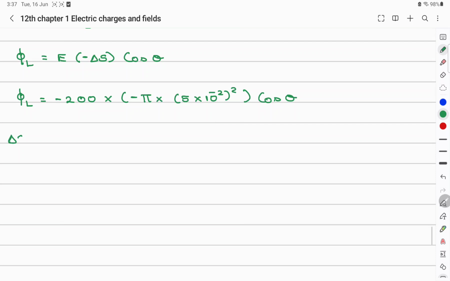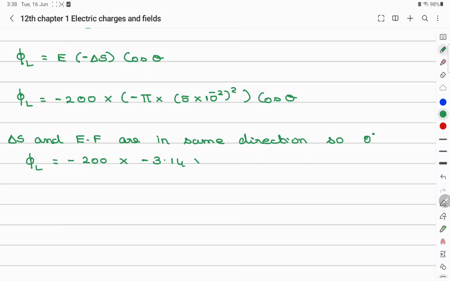Del S and the electric field are in the same direction, so the angle between them is 0 degree. So phi of L is equal to minus 200 into minus 3.14 into 25 into 10 to the power of minus 4, and cos 0 degree value is 1.